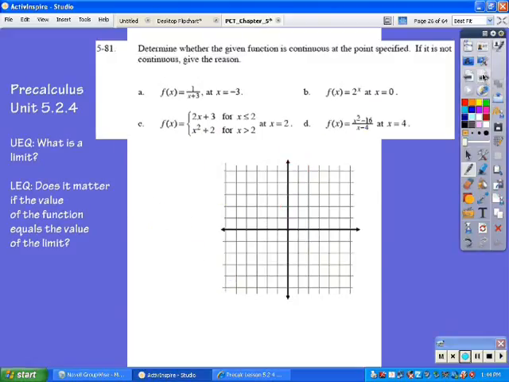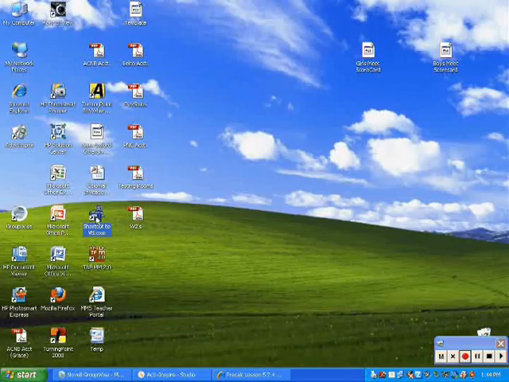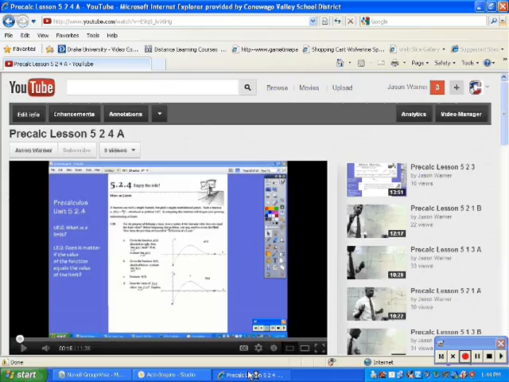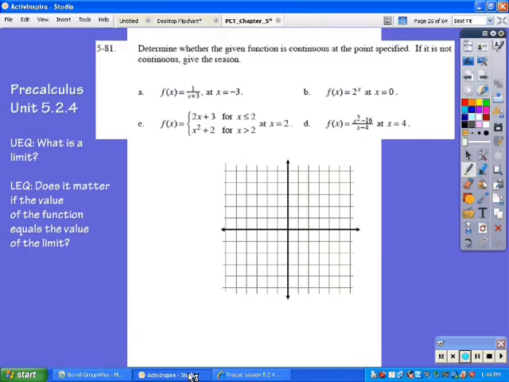Last, we have the graph of x squared minus 16 divided by x minus 4. You might look at that and say that that's one that we're not really comfortable with off the top of our head. So we're going to take out our calculators and we're going to graph x squared minus 16 divided by x minus 4.